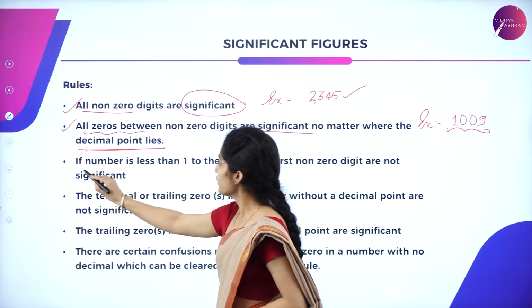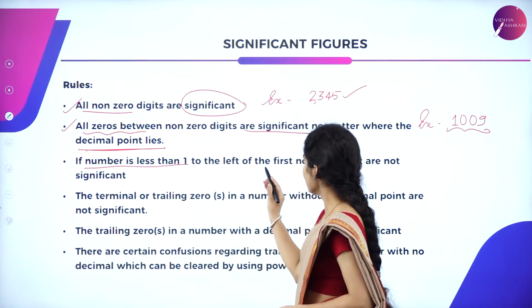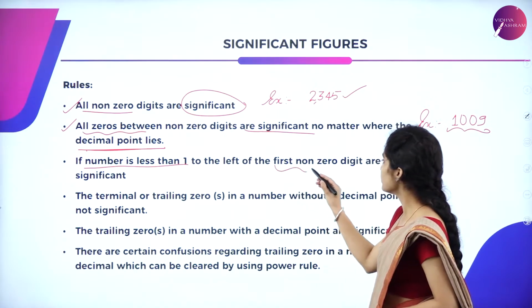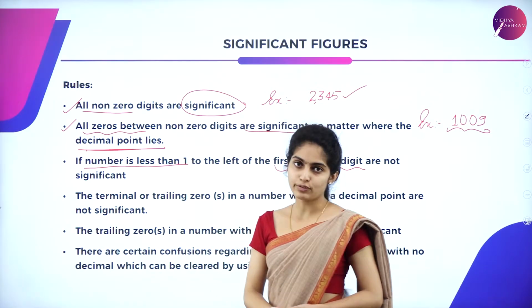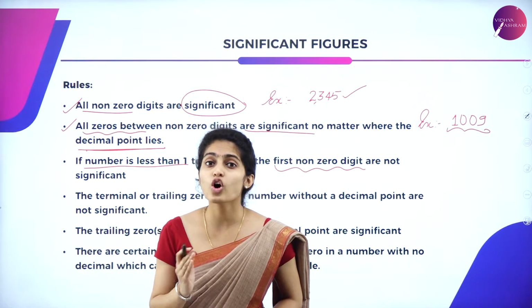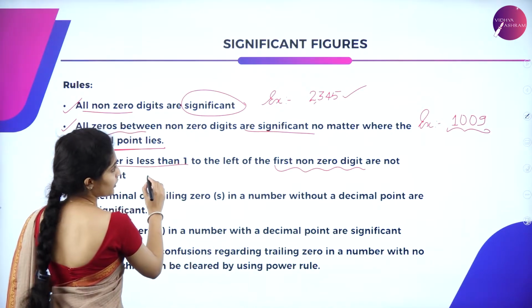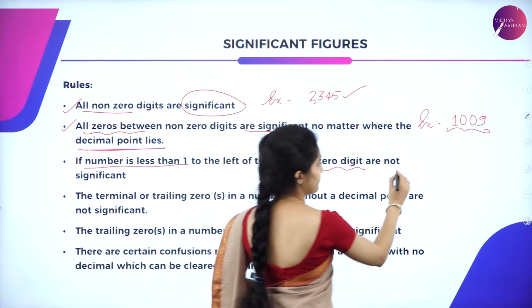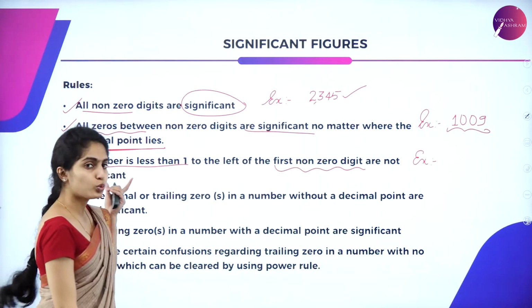If the number is less than 1, the zeros to the left of the first non-zero digit are not significant. To the left of the first non-zero digit. So for example, you can just consider, what is the rule?